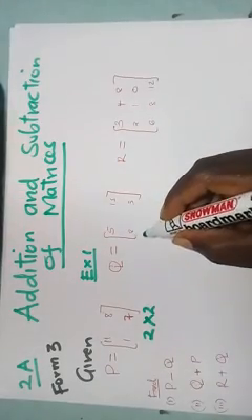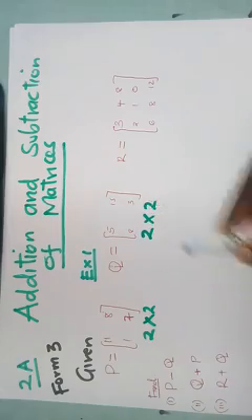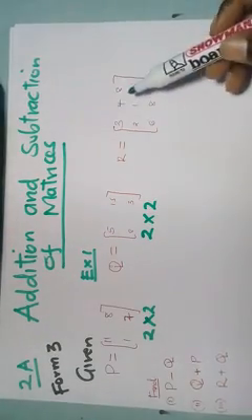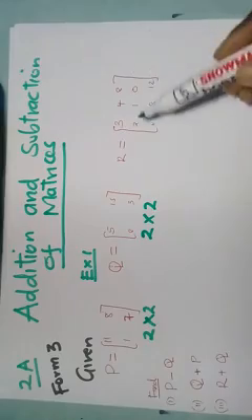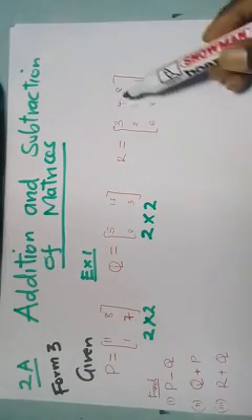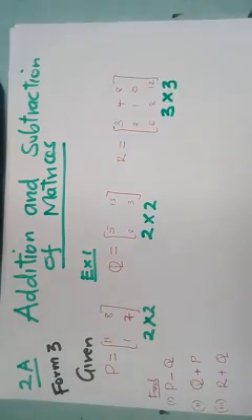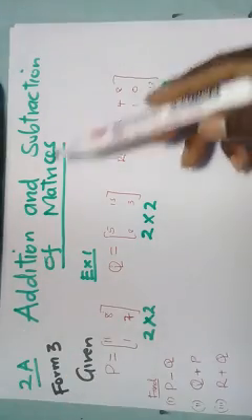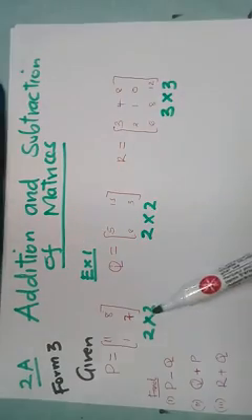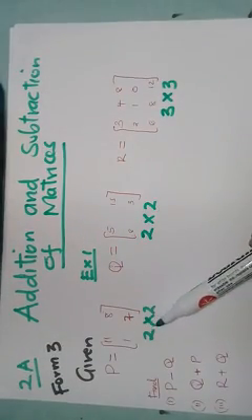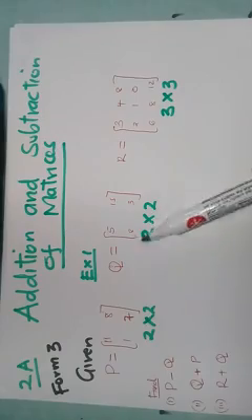Also, as you can see, this is a 2 by 2. And what about this one? How many rows? 1, 2, 3 by 1, 2, 3. So this is a 3 by 3 matrix. Therefore, addition and subtraction is possible if those matrices belong to the same order.